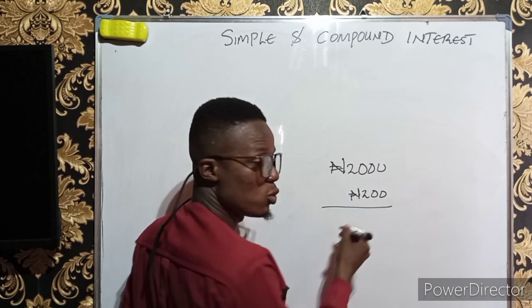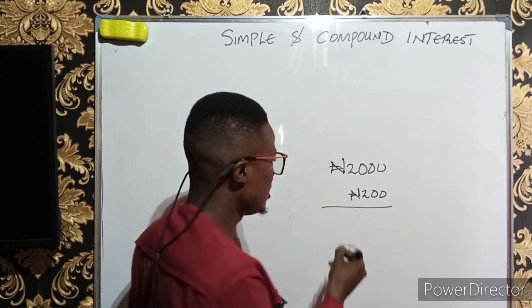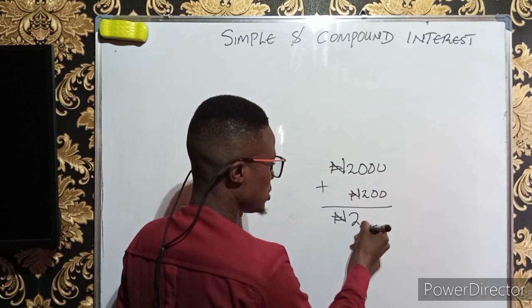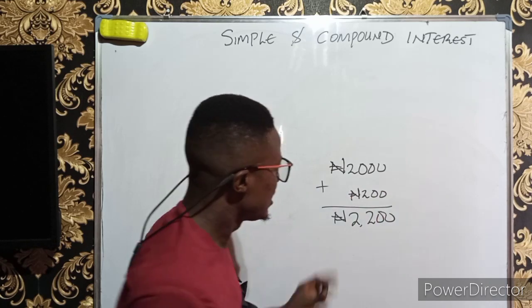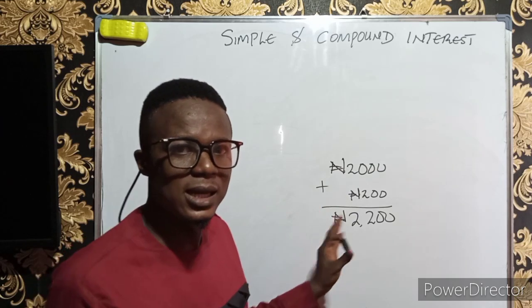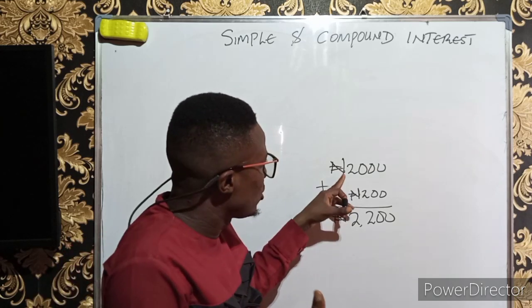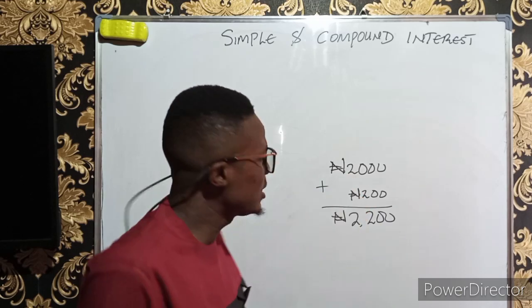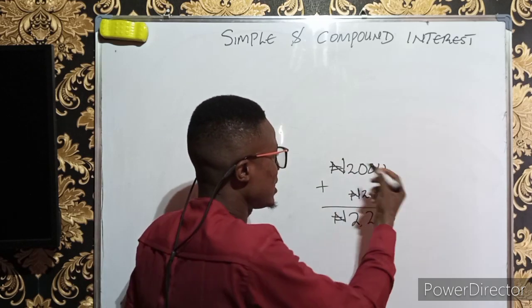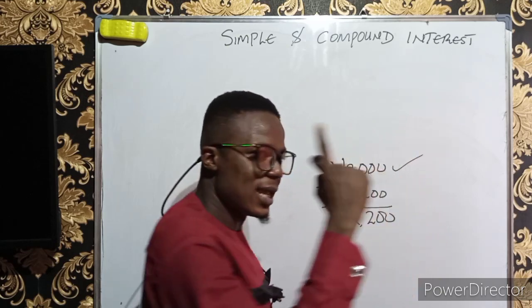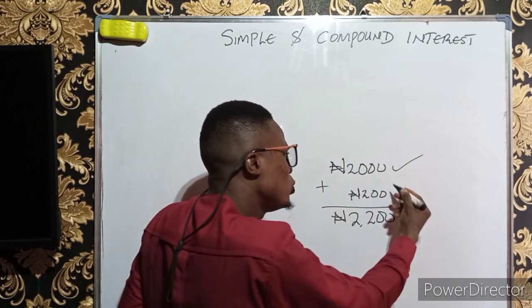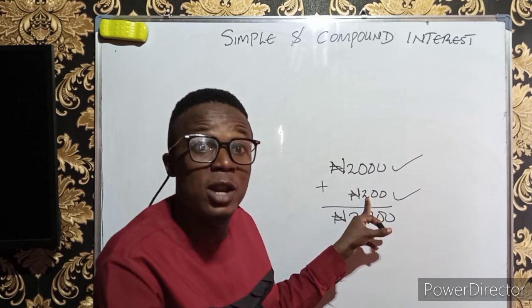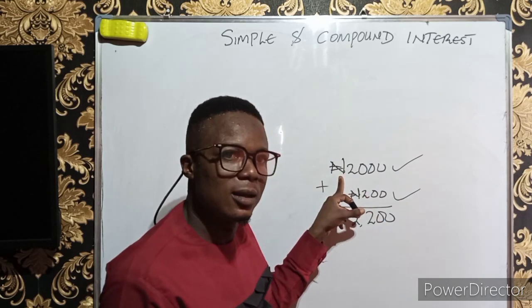The total amount you have to repay at the end of the year will be the sum of the two, which is 2,200 naira. If it is simple interest, in the next year, they will only calculate interest on the 2,000 naira only. For compound interest, we calculate interest on this 200 naira in the next year, and also on the interest that has been yielded already from the original principal.